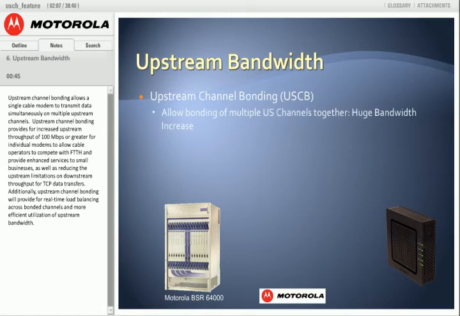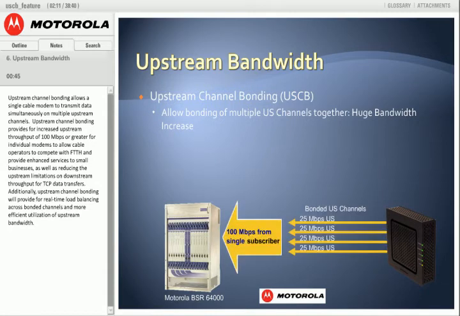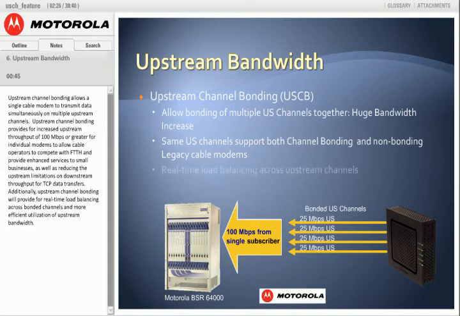Upstream channel bonding provides for increased upstream throughput of 100 megabits per second or greater for individual modems to allow cable operators to compete with fiber to the home and provide enhanced services to small businesses, as well as reducing the upstream limitations on downstream throughput for TCP data transfers. Additionally, upstream channel bonding will provide for real-time load balancing across bonded channels and more efficient utilization of upstream bandwidth.